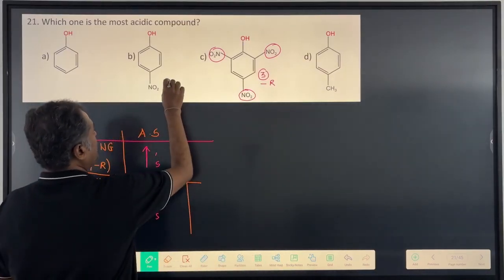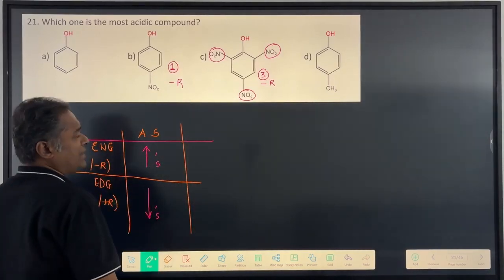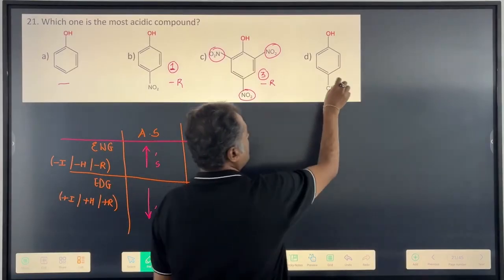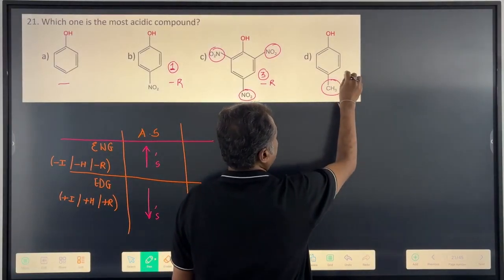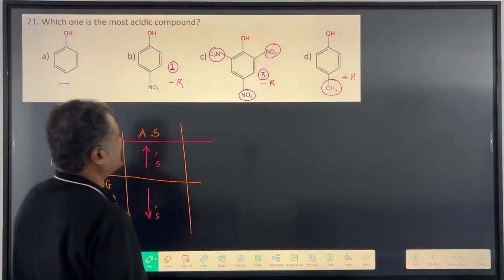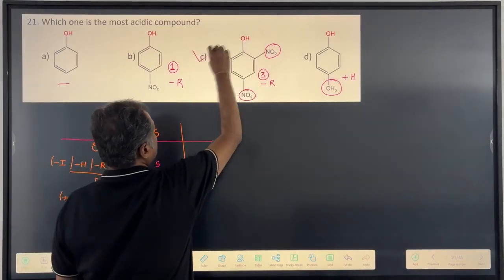Here I have got only 1 minus R group, correct? Here I don't have any additional group apart from phenol, and here I have got nothing but a methyl group, and when methyl is attached to benzene it shows plus H effect. So which group will increase the acidic strength? In that case your correct answer has to be C.